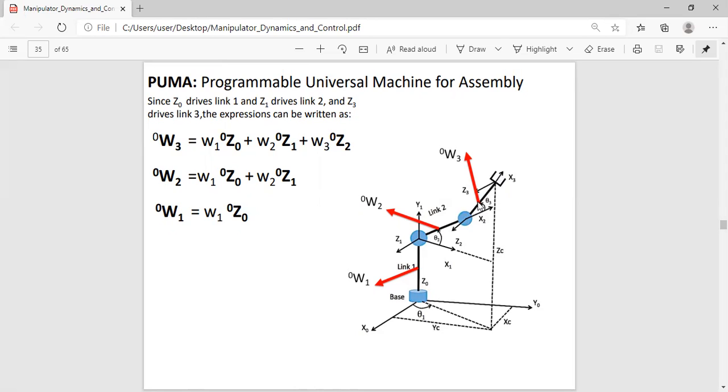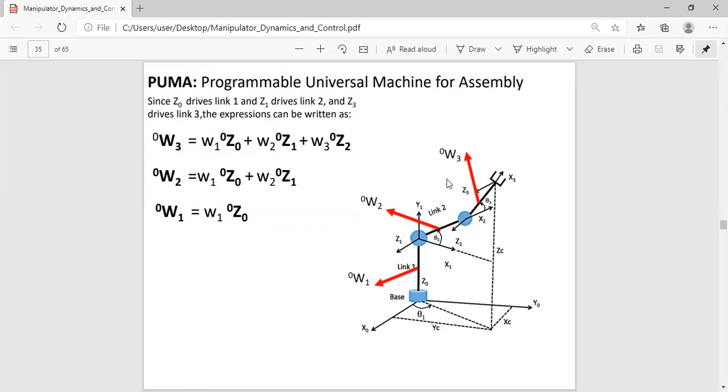You have to map or project the angular velocity vector on the frame of the link, whatever frame that you have. That way you will be able to align this vector with the frame.